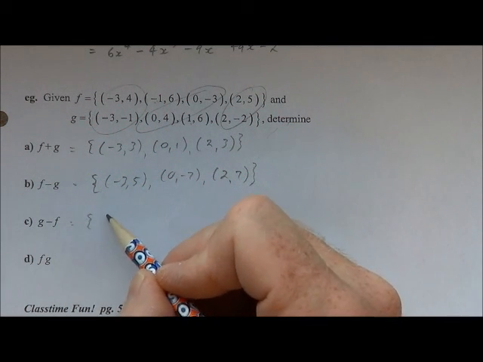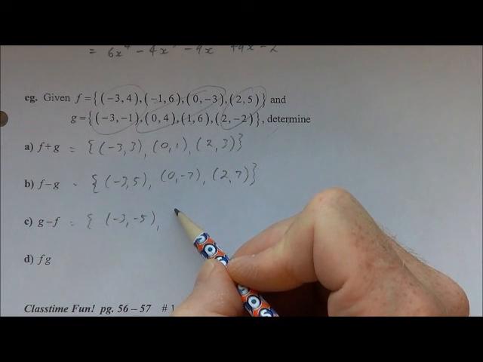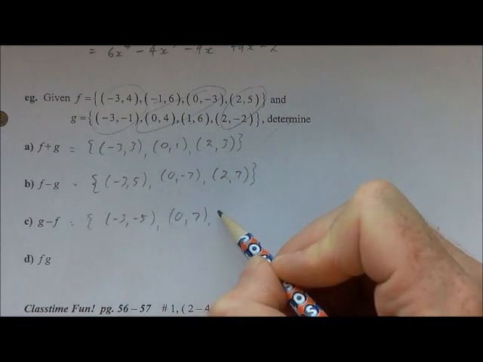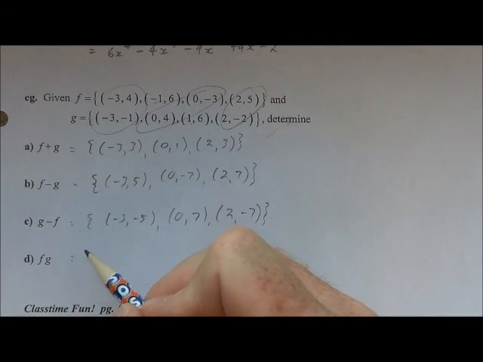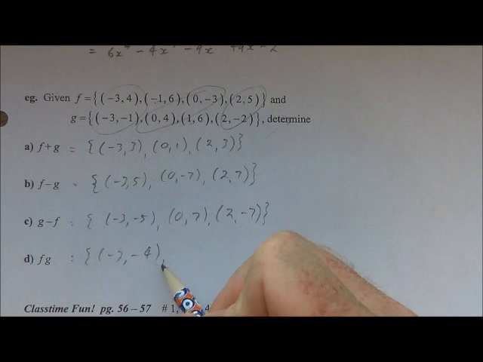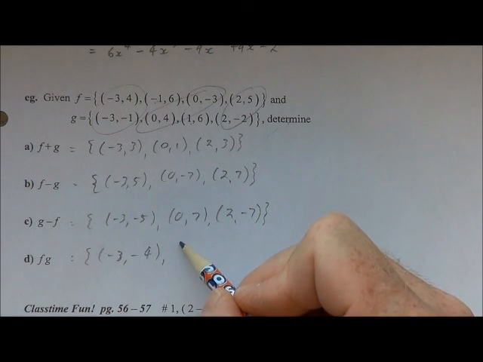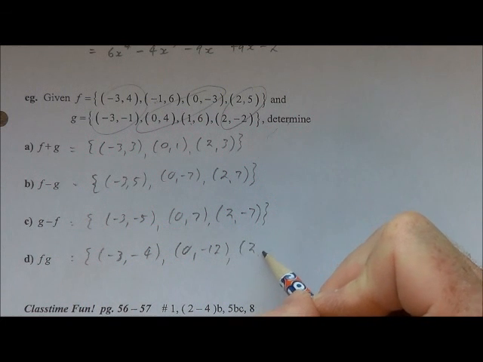For g minus f, (-3, -5), sorry, (-3, -5), (0, 7), and (2, -7). And f times g, (-3, -4), (0, -12), and (2, -10).